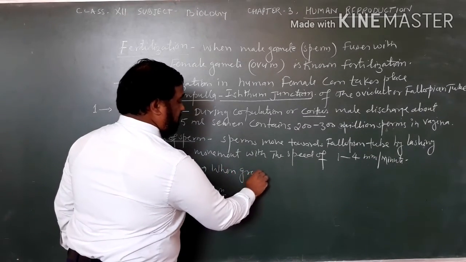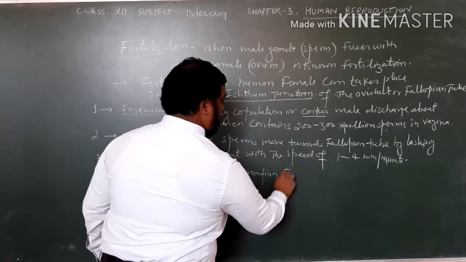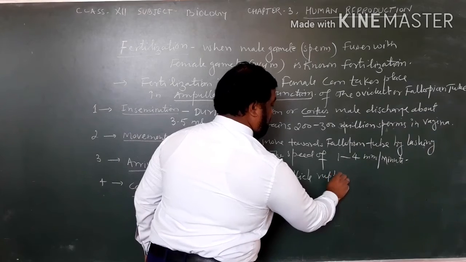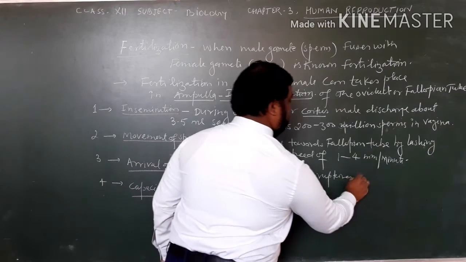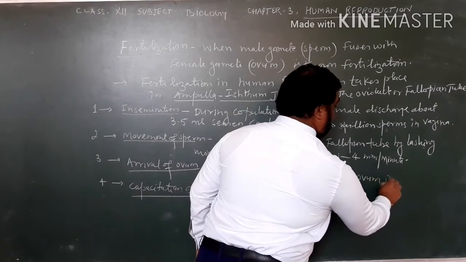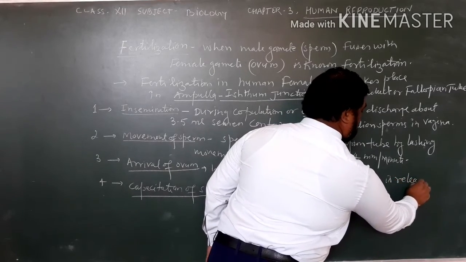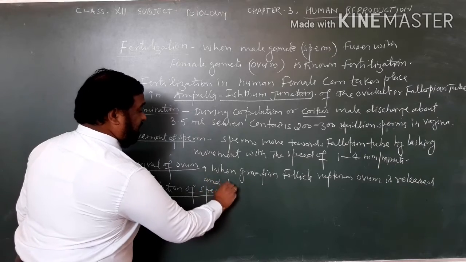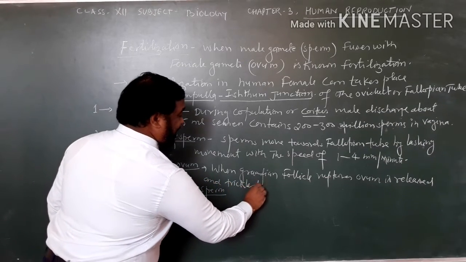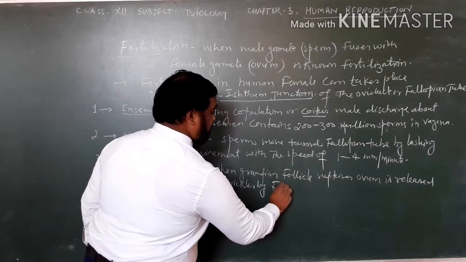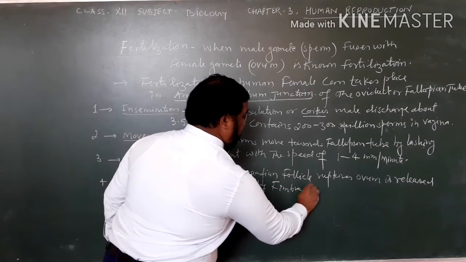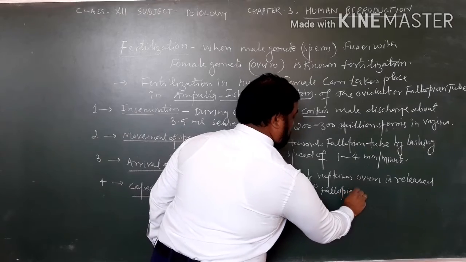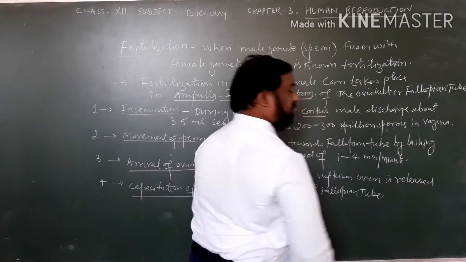Now next, arrival of ovum. When the Graafian follicle ruptures, the ovum is released and is trickled by the fimbriae of the fallopian tube.